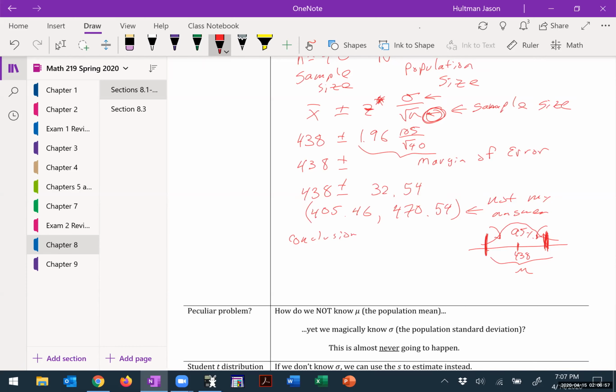It is somewhere between 405.46 and 470.54. It is a way to estimate the true population mean.